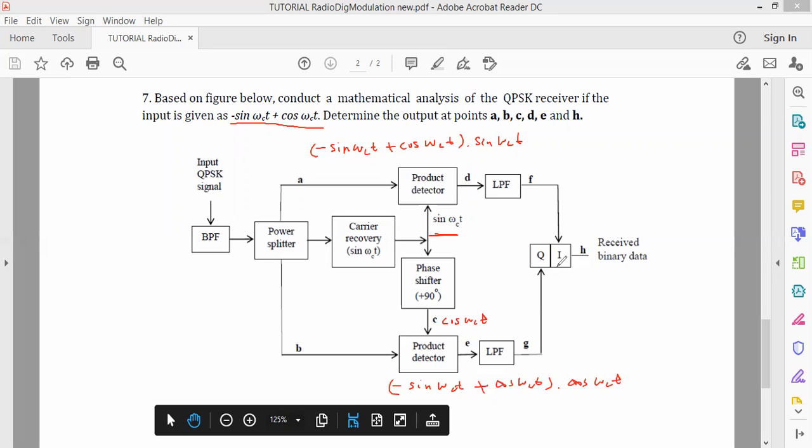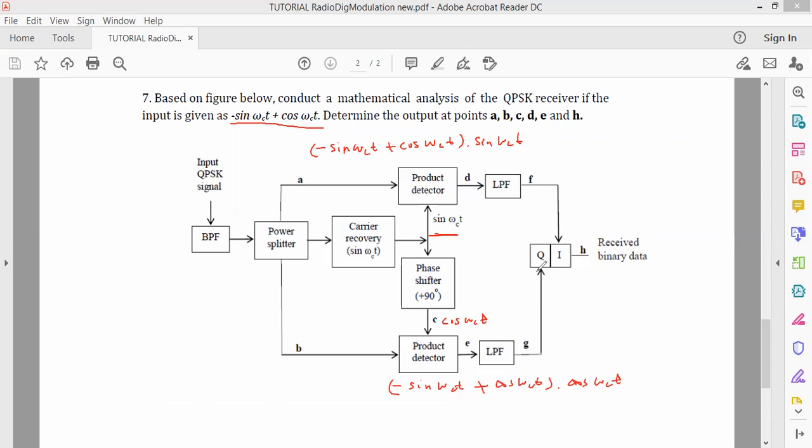So based on this, what should you get? Minus sine cos omega ct. Okay. So you should be able to solve. Okay.